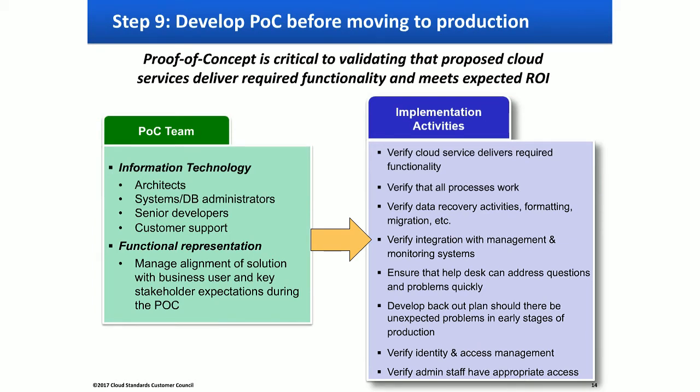This proof of concept is the ideal time to go very deeply into the what-ifs and make sure that you have a plan. Make sure that you have access for administrative staff. Make sure that there is clarity about identity and access management, not just for the immediate need, but also looking beyond.